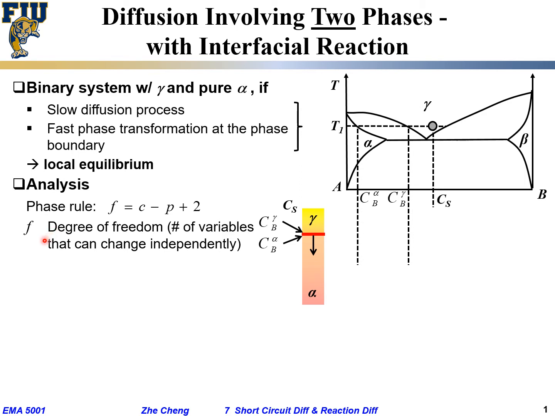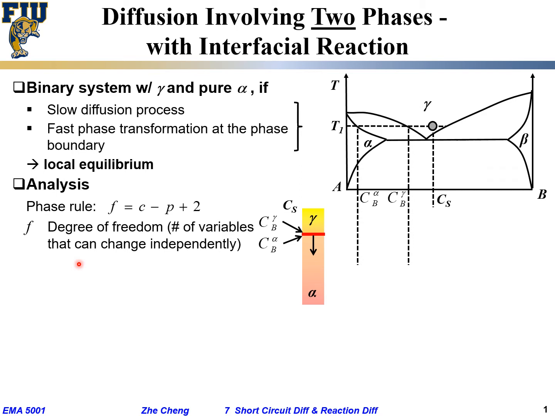F is the so-called degree of freedom. What does degree of freedom even mean? It means the number of variables. What are the variables? Temperature can be a variable. Pressure can be a variable. Composition can be a variable.